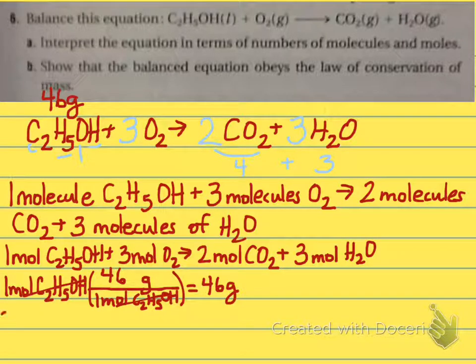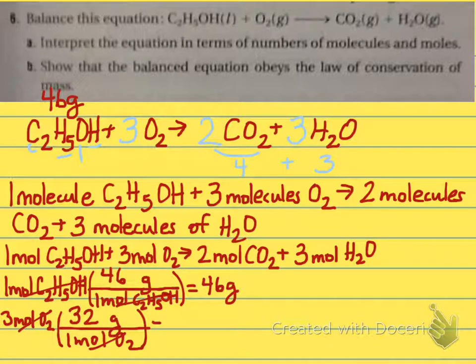So I'm just going to go ahead and put that over here too. For oxygen, I have 3 moles of oxygen using my coefficient. Going to use the molar mass of oxygen. Oxygen was 15.99, so we're going to use 16, but there's 2 of them, so it's going to be 32. And 32 times 3 is 96 grams.